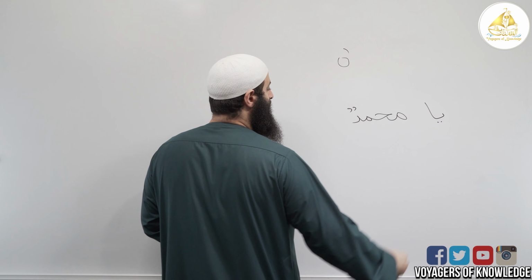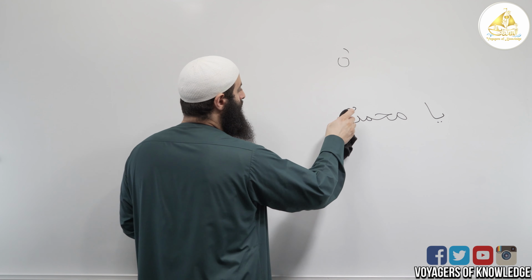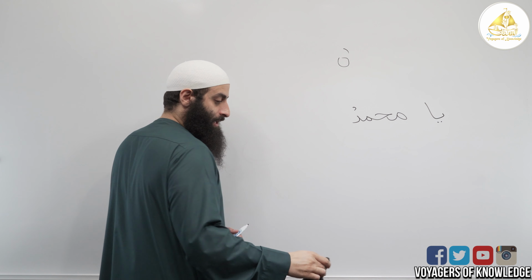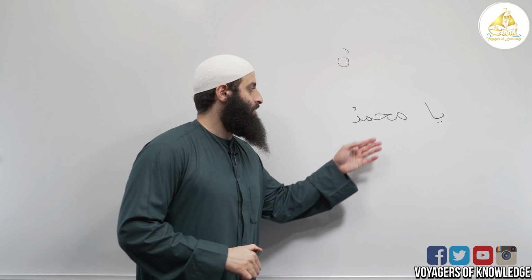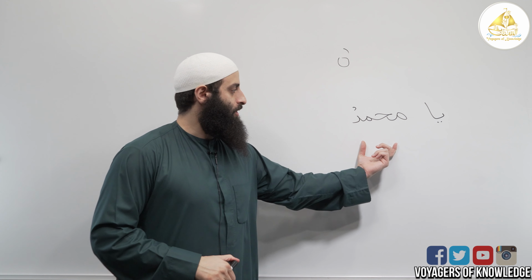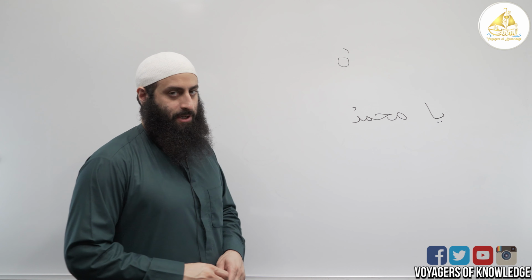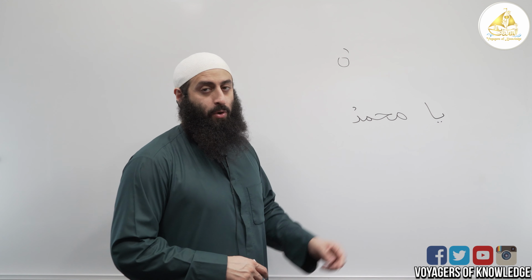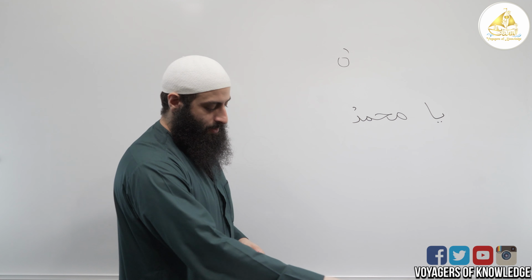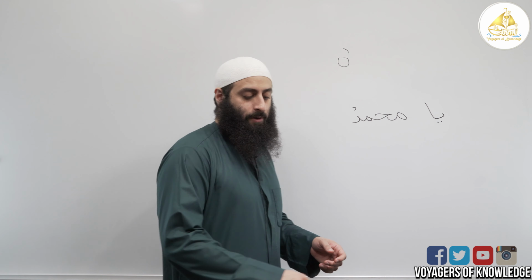When ya comes in front of it, it takes away one of those harakat. Ya Muhammadu. And that only happens on a singular word. If it is a word made up of two things, it will make the first one fatha and the second one will be kasra. But we're not going to take that now. All you need to know is it gets rid of one of the harakat. All right?